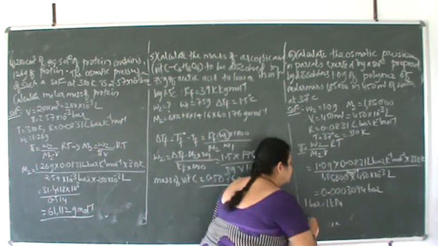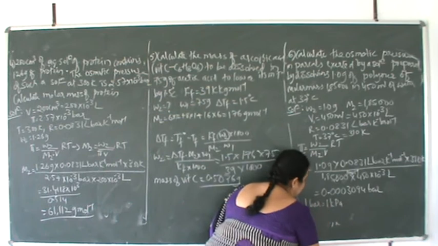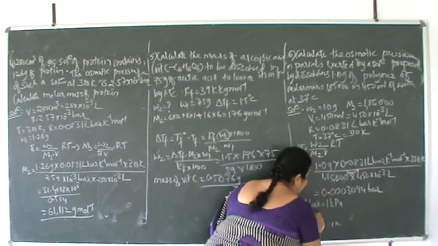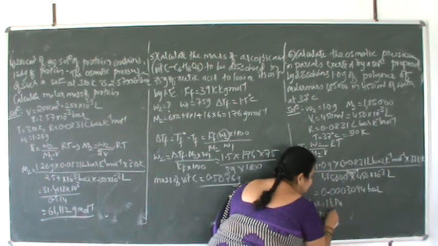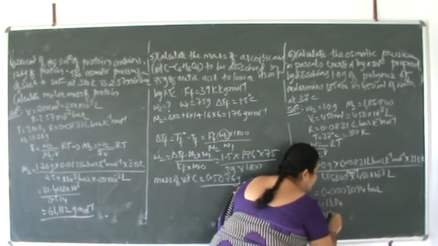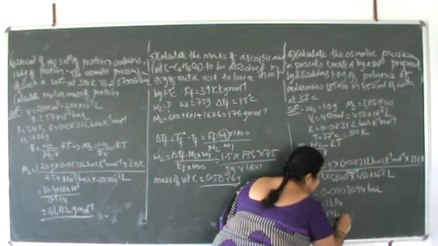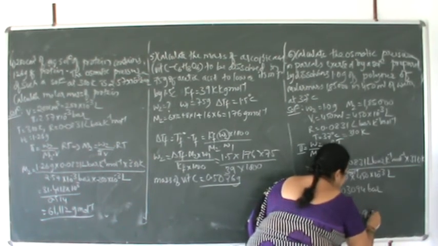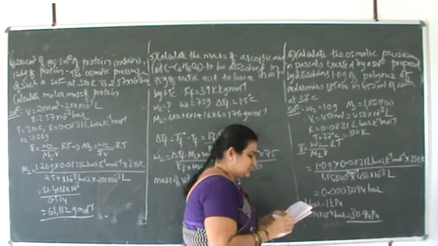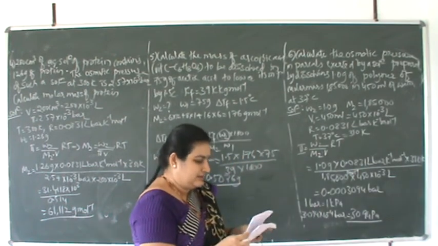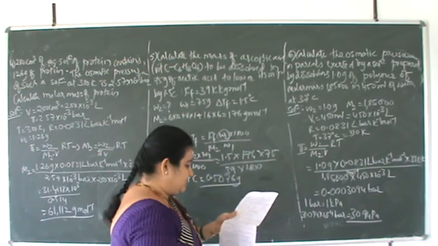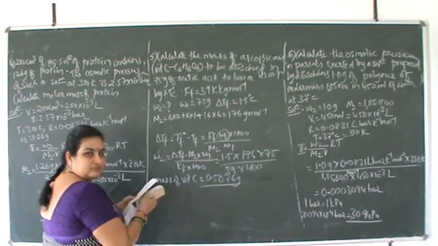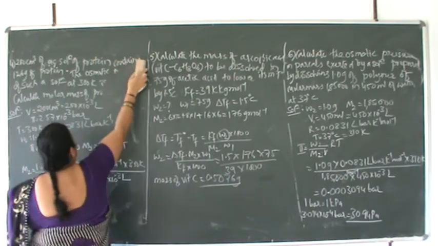So that is 3.094 into 10 raised to minus 4 bar, which is 30.94 pascals. This is the answer in the problem. The next one. Next problem.